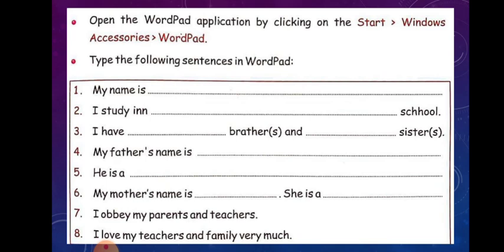Okay. Now next, the instructions that you have to follow. After each and every sentence, press enter key. At the end of each sentence, you have to press enter key while you are typing on WordPad. Use the arrow key and correct the spelling of in and school using delete key.